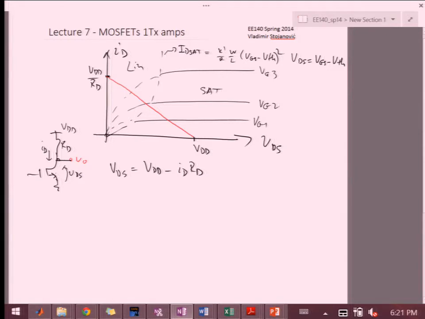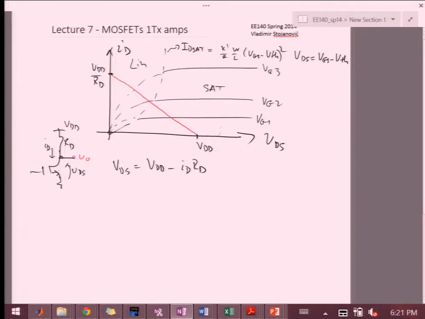As I change my VG, which is my input VI, from VI being 0, I start from here, and I can only run in this direction, up until I hit this point, and then I cross into the linear region. It's a useful visualization of where you're going and how VI, ID and VDS are related. You can only move on this line.